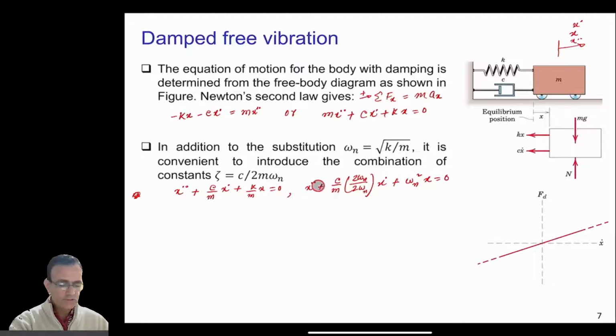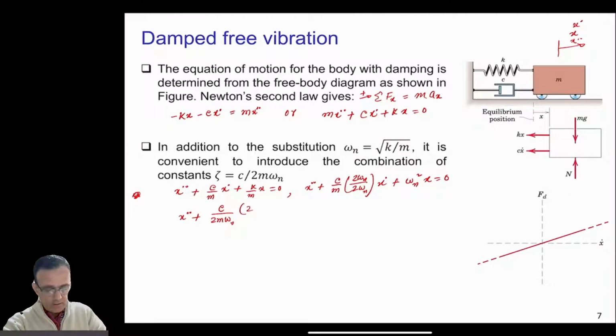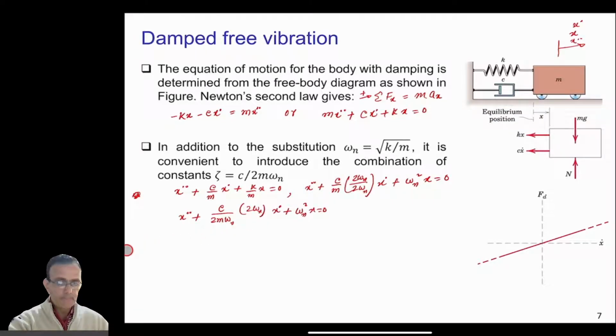Now this term here, if you just rearrange it, will become 2 c divided by 2m omega n, and then 2 omega n x dot and plus omega n square x equals 0. Okay, so now what we can see here is that this term here is c divided by 2m omega n.